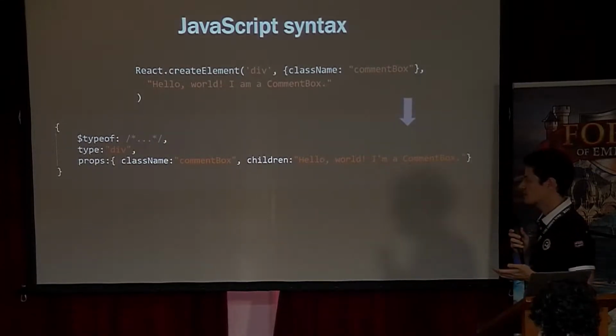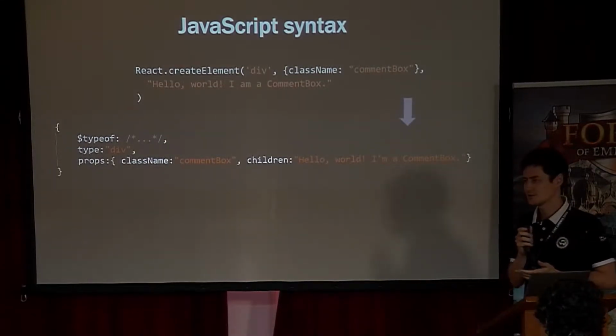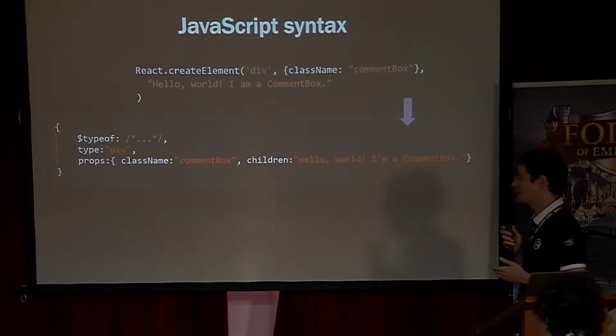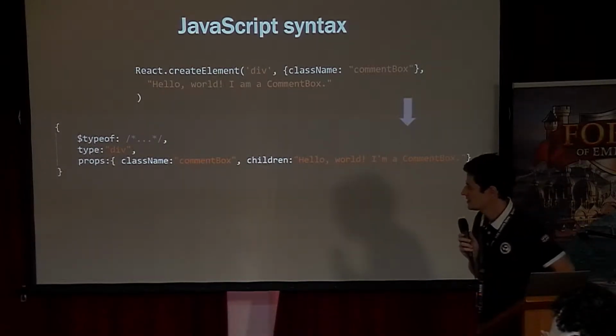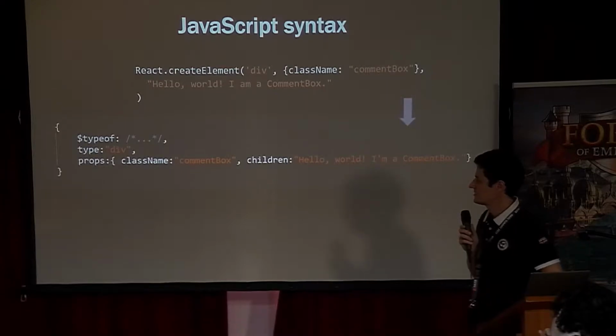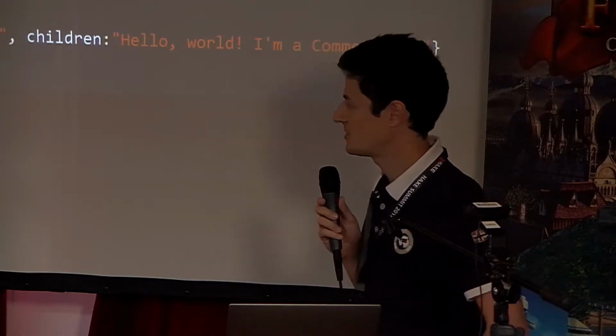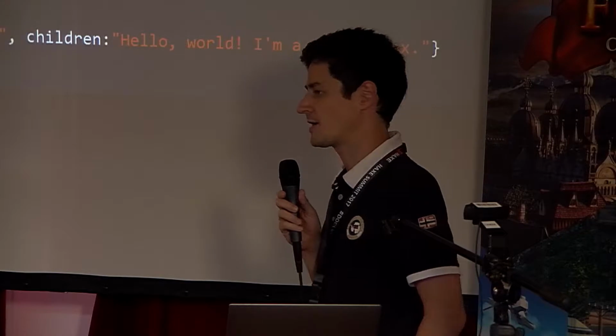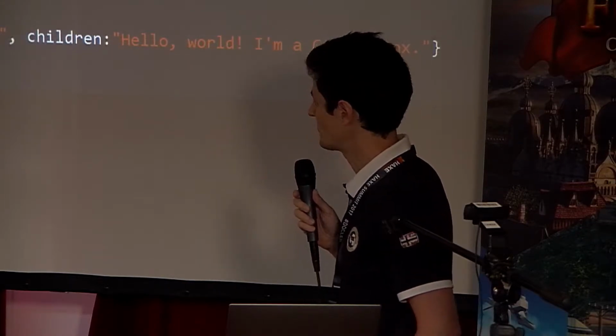It only creates metadata. This function really emits only a small JSON object that is, as you see, fairly simple. It has a magic property to identify that it's a React element, and then the props, the children, the type, which is the component we use.